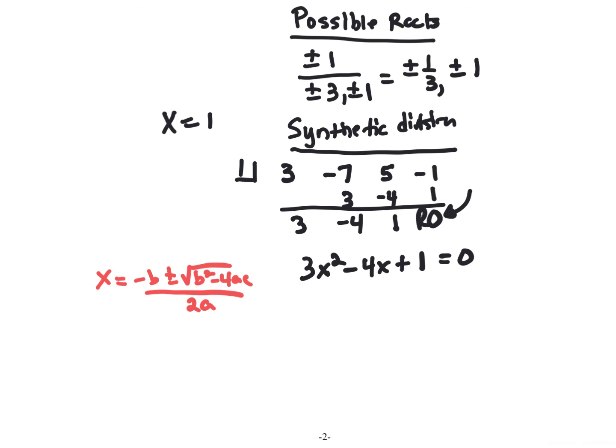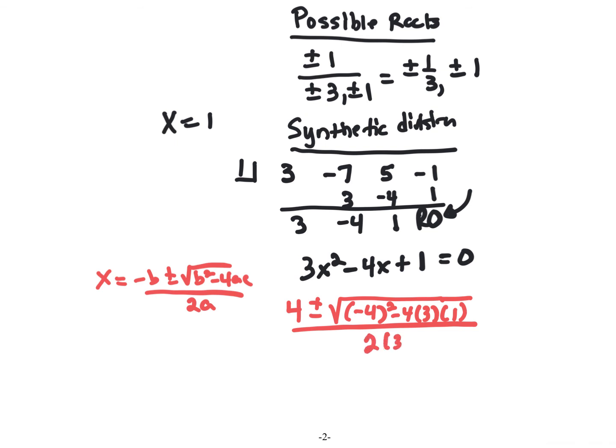The quadratic formula is negative b plus or minus the square root of b squared minus 4ac, divided by 2a. So we know that b is negative 4, so it's going to be 4 plus or minus the square root of negative 4 squared minus 4 times 3 times 1, divided by 2a. In this case, it's going to be 2 times 3. And we know negative 4 squared is 16.